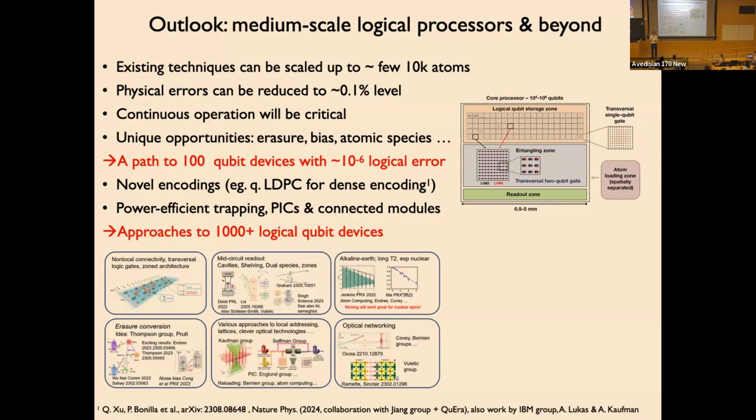With this reconfigurable architecture, non-local operations are very easy. You can take a code block and encode many logical qubits in the same set of physical qubits, so you can have much higher encoding density.